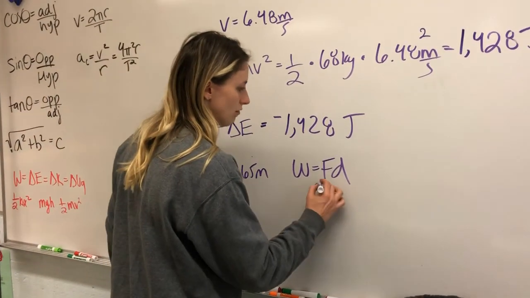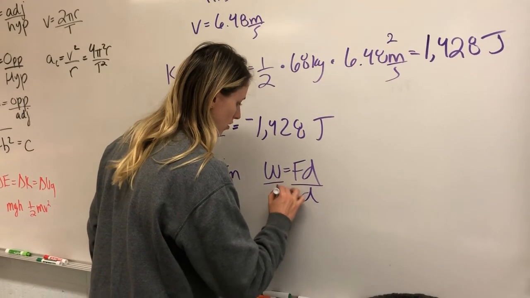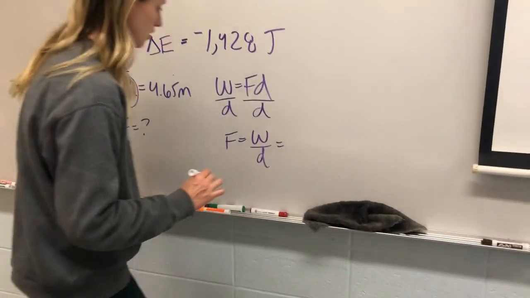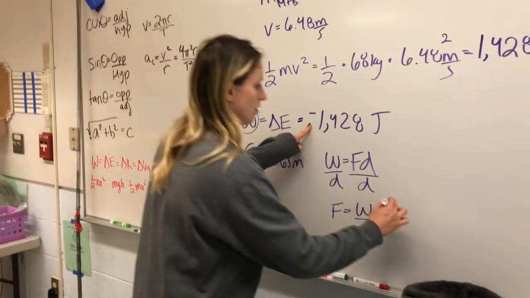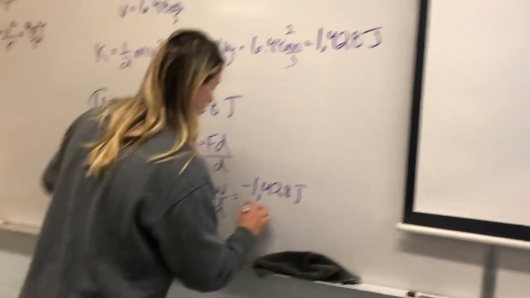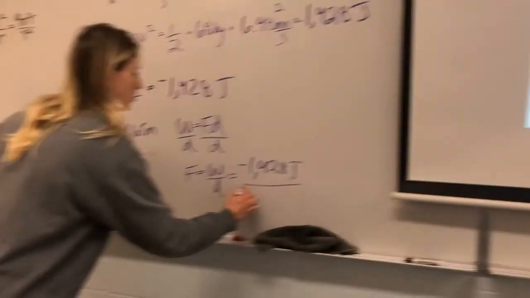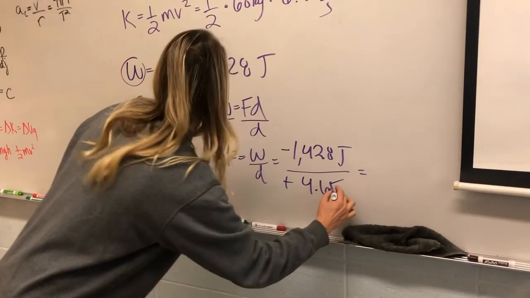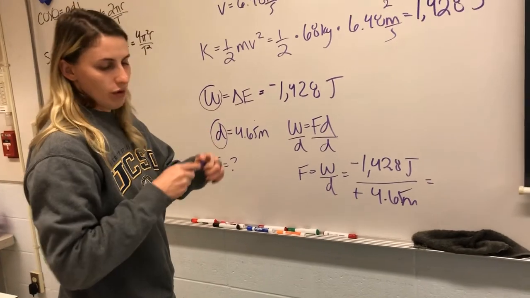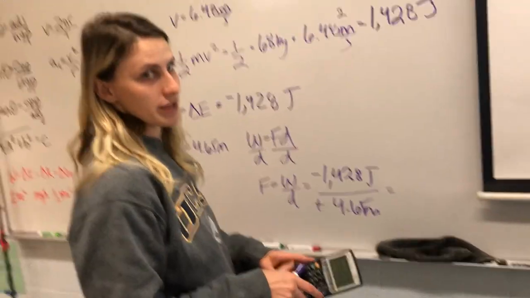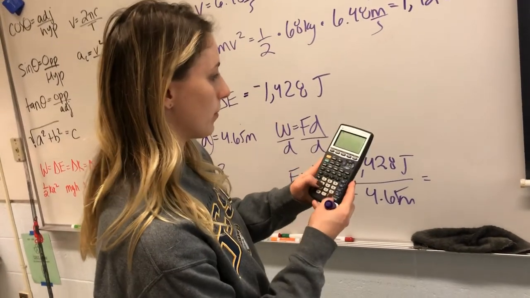So I can solve this for force: force equals work over displacement. Our work is negative 1428, and the displacement is positive 4.65 meters. You don't go backwards when you put the brakes on. I'm using this negative number because we're asking how much force it requires to stop, not to go.